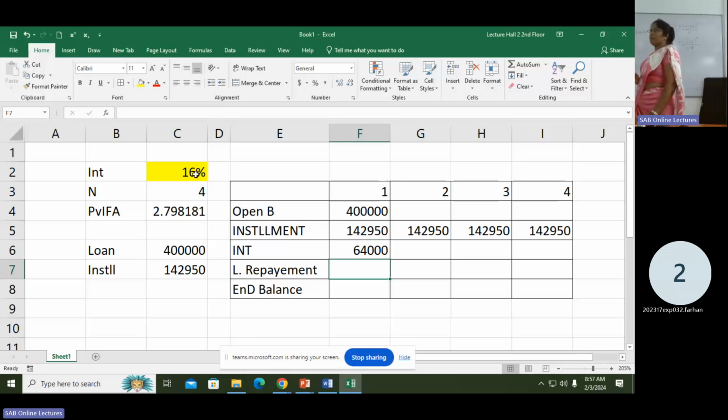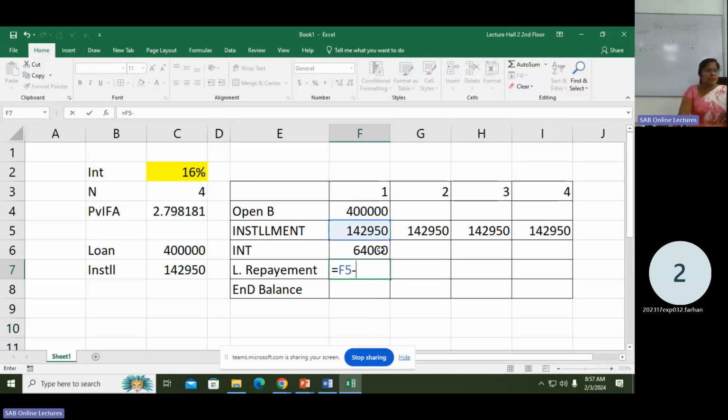Then how much is the loan repayment? From this 142,950, you have to deduct this interest component. So your loan repayment is 78,950. This is the year 1 loan repayment: 142,950 minus 64,000.